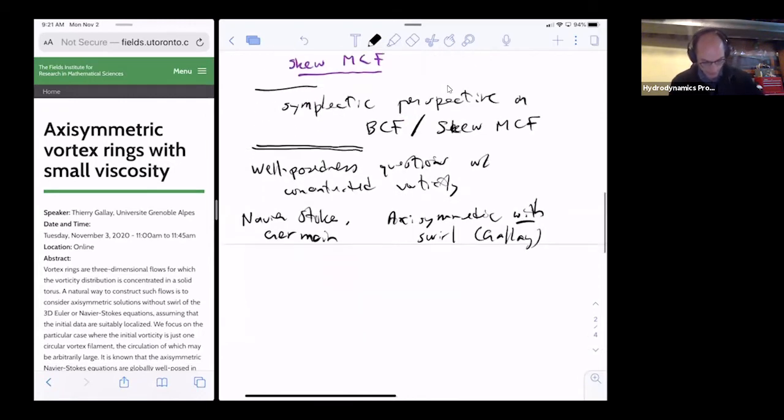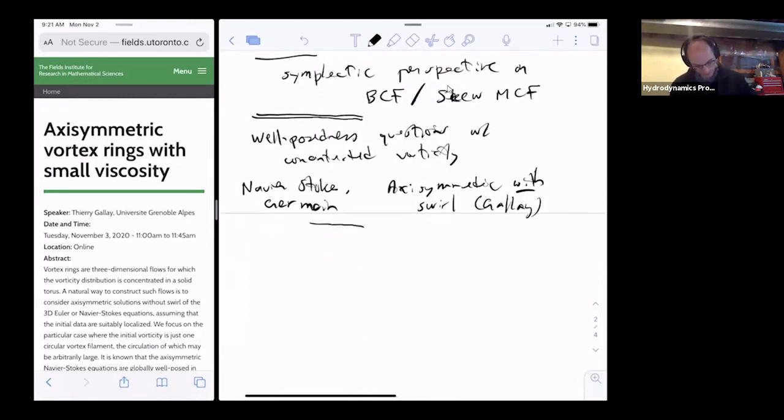Okay, so a different theme is construction of actual vortex dynamics. This is something we've actually talked about at some length.